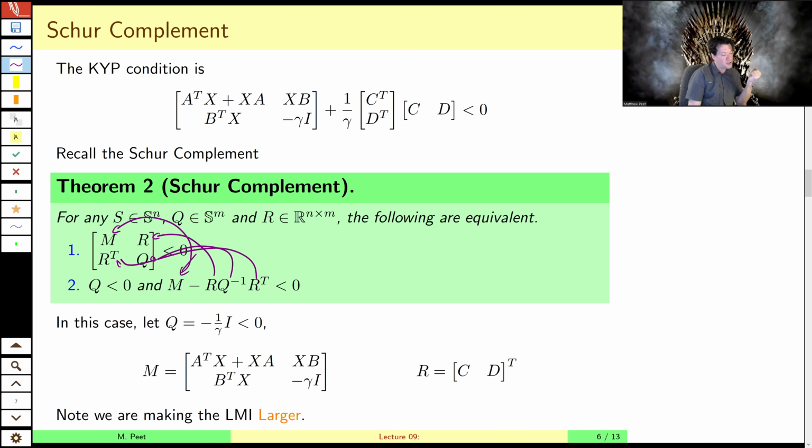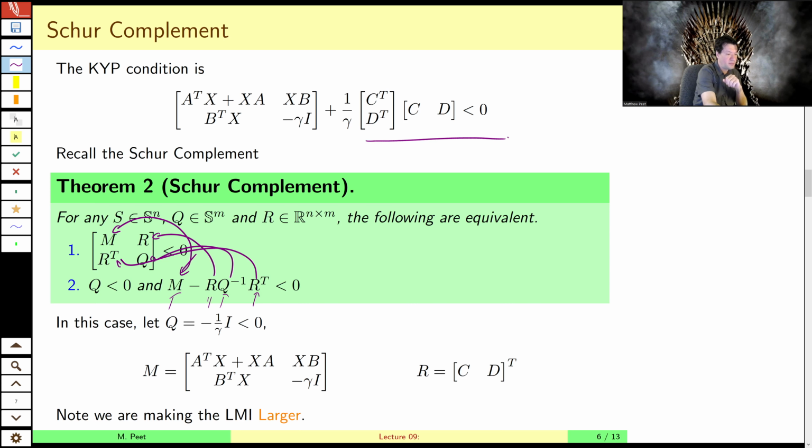So the Schur complement is a way of eliminating nonlinearities in each of these bilinearities, so that if the variable only appears linearly in each of those, we can do optimization. So now we apply this trick to the KYP lemma.